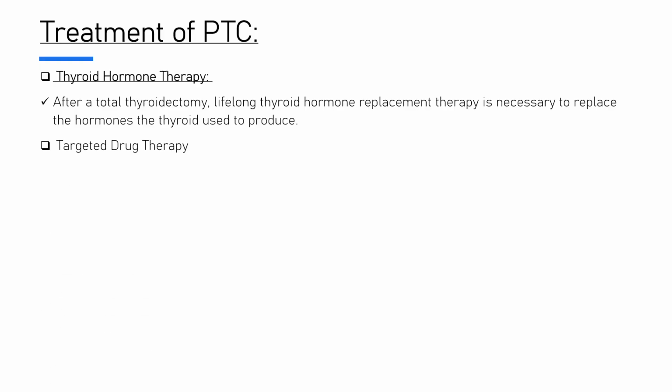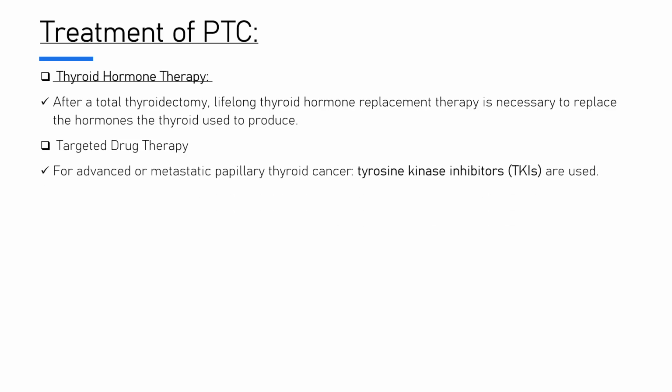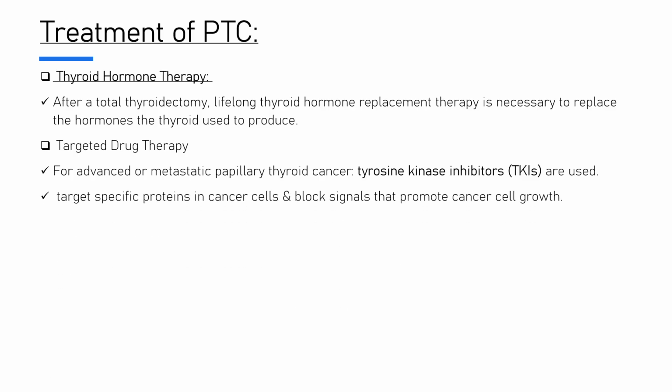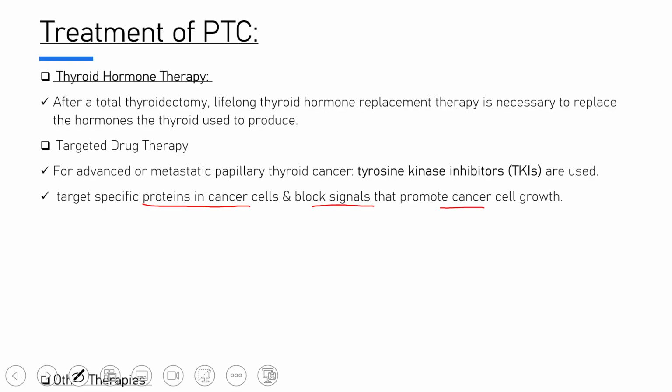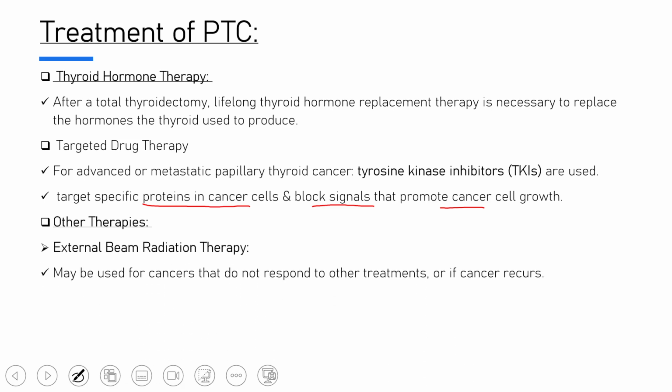And targeted drug therapy, where for advanced or metastatic papillary thyroid cancer, tyrosine kinase inhibitors are used, and these target a specific protein in the cancer cells and block a signal that promotes cancer cell growth. Other therapies could be external beam radiation therapy, which may be used for cancers that do not respond to other treatments, or if the cancer recurs.